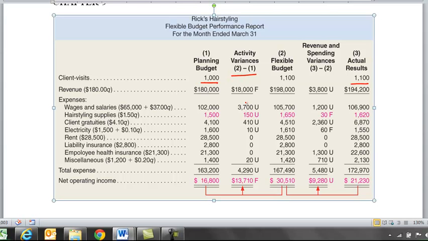But if I look at expenses, I've got 105,700 in wages under flexible versus 102,000 on my planning. So it's going to give me a positive 3,700. Positive expenses is unfavorable. You want to have negative because that's telling you that your planning budget is actually greater than what your flexible budget shows you.